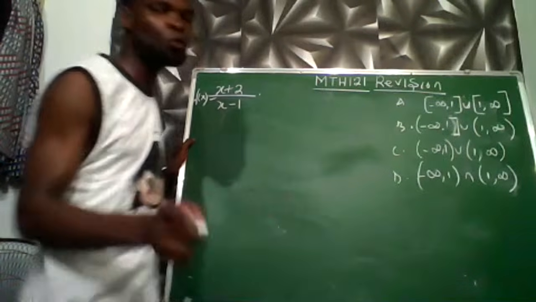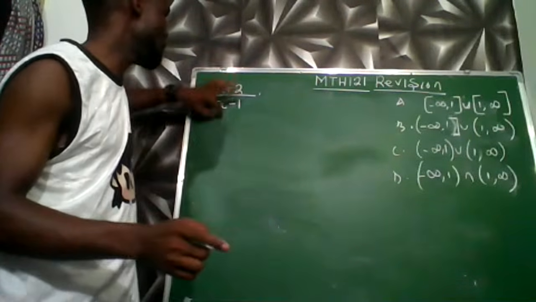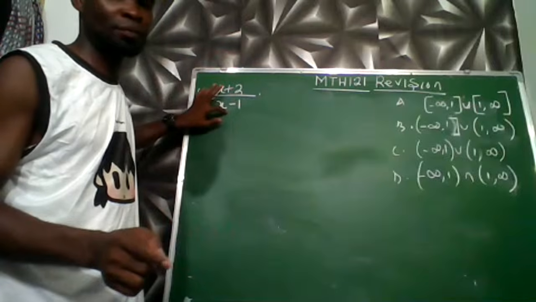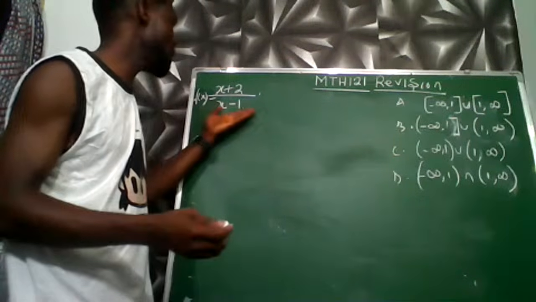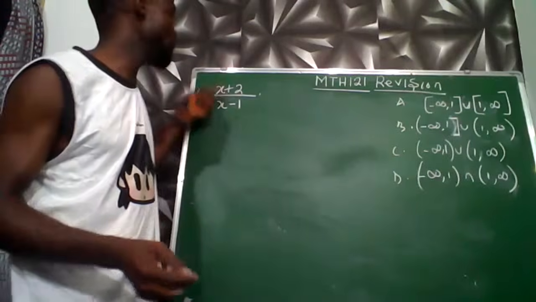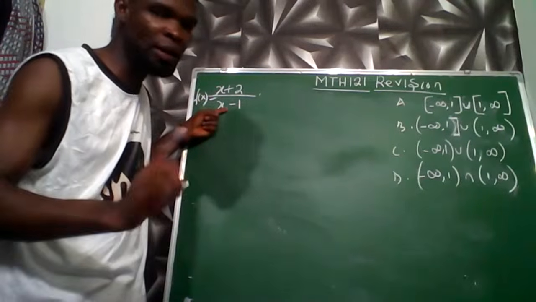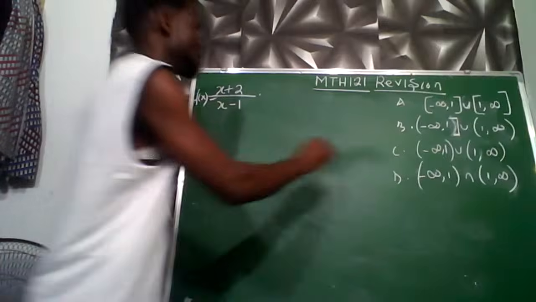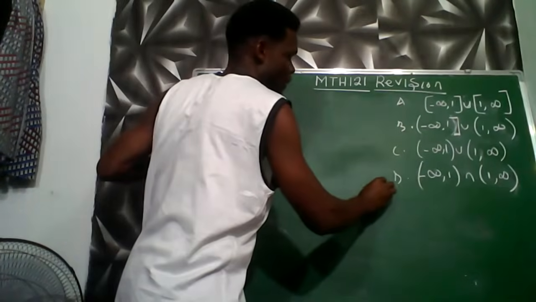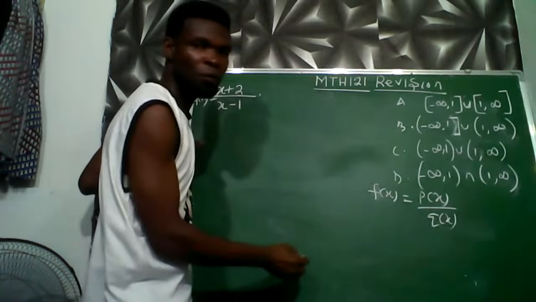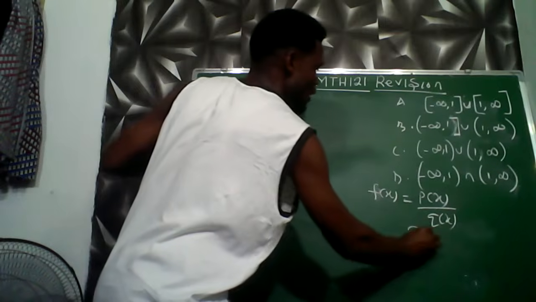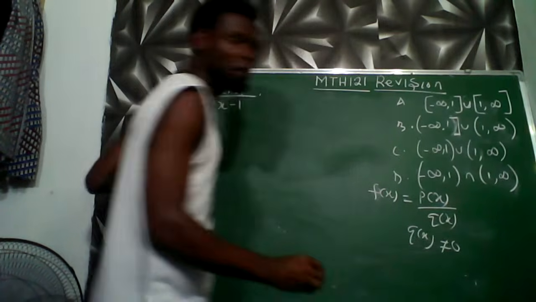It is important to know that as far as a rational function is concerned, there are always restrictions when it regards the denominator. In other words, for a rational function, the denominator can never be zero. For instance, if f of x is equal to p of x all over q of x, that is a rational function such that q of x cannot be equal to zero. Why?